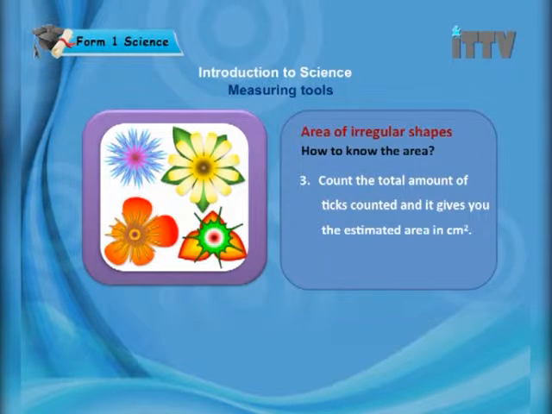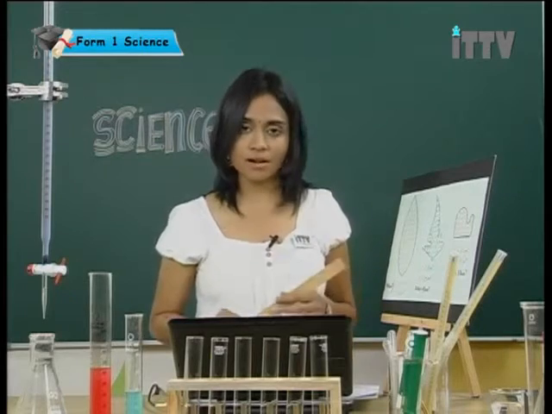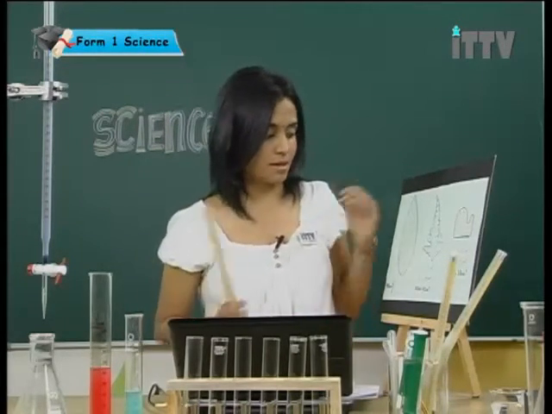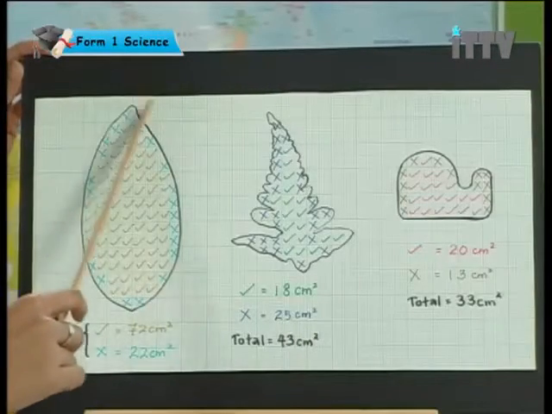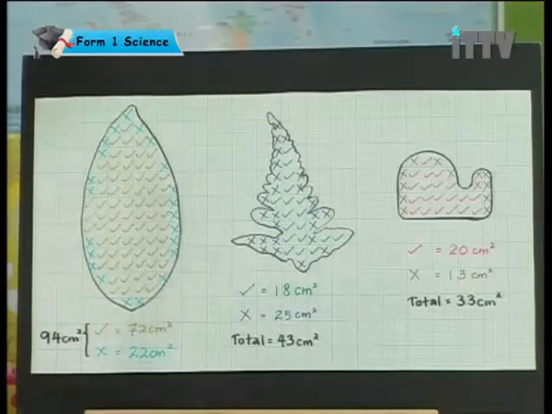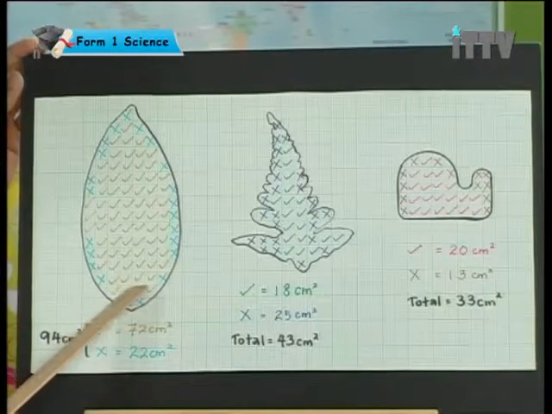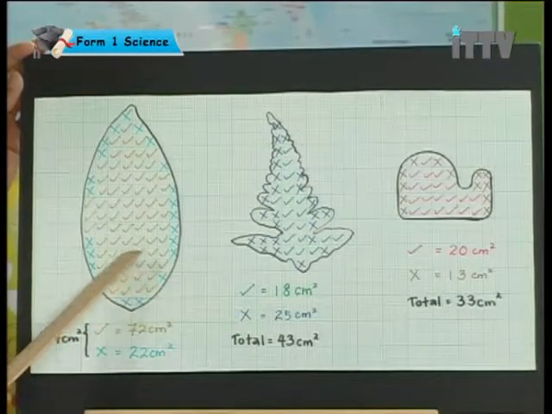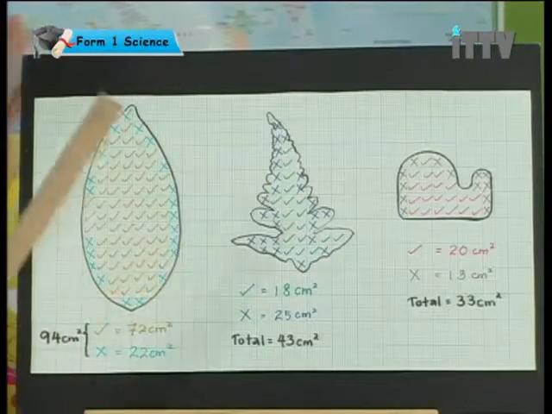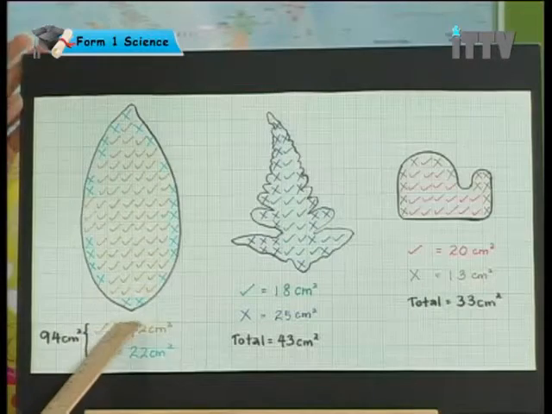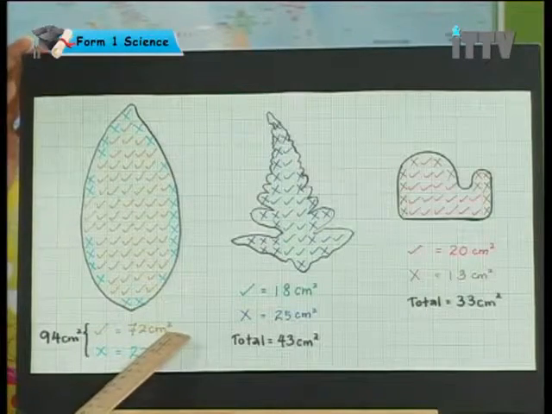Let's have a look at what you actually get if you use the leaf and the graph paper to measure an irregular shape. This is the result of the traced leaf earlier. So have a look. I have ticked the boxes which are fully covered by the leaf. So the ticks here give you 72 square centimeter.